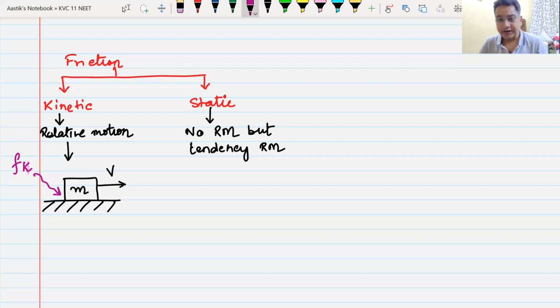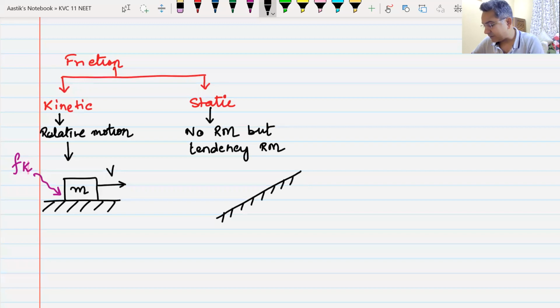But sometimes there may not be any motion, but there is a tendency of motion. Now, how can I make you understand that? Don't worry, we will be doing a lot of examples on this. Right now, a simple diagram may be good enough. For example, there could be an inclined plane, inclined at an angle, and I have kept a body on this inclined plane.